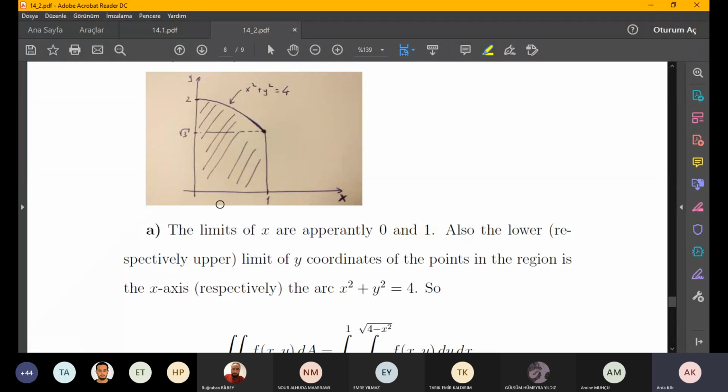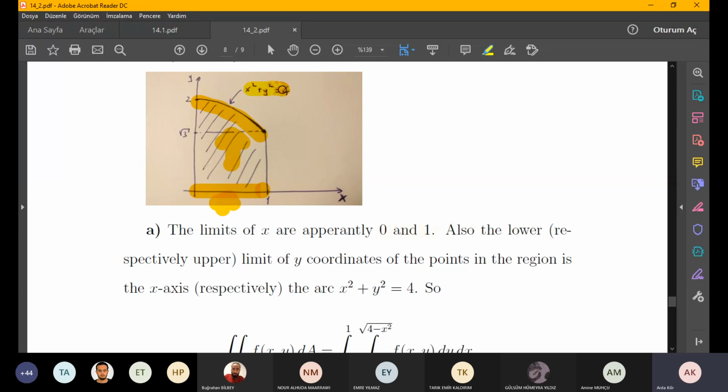So that means you come across the negative side of y, so the first one here that you cross will be the lower limit of y coordinates, and the upper limit of y coordinates of the points will be the arc here, which is x square plus y square equals 4.